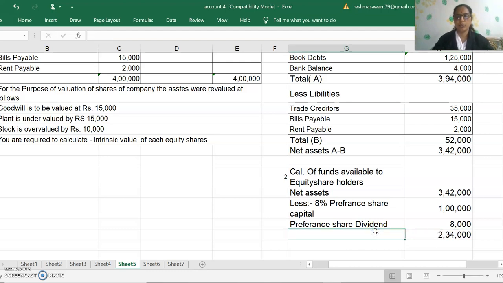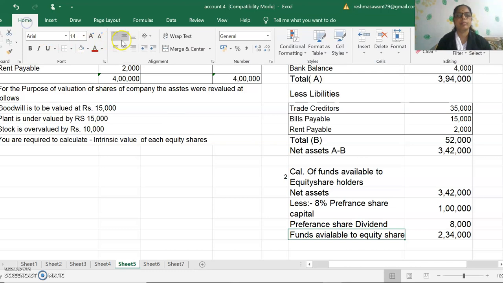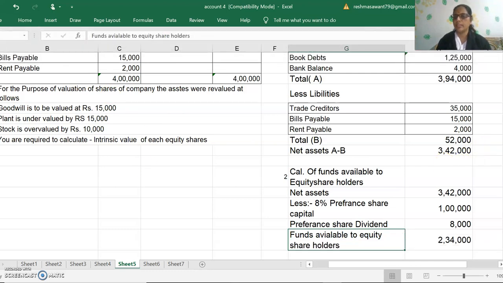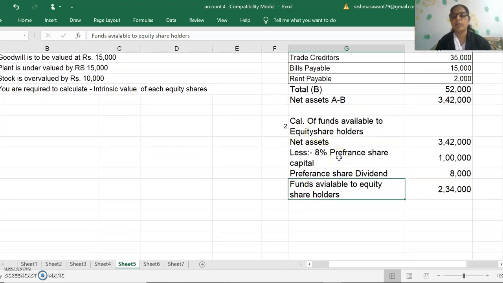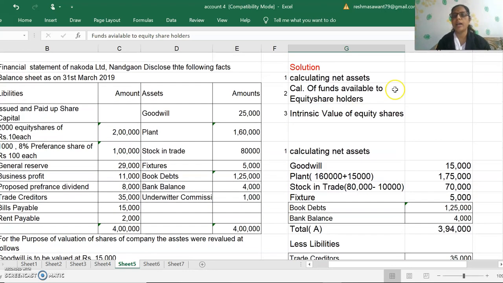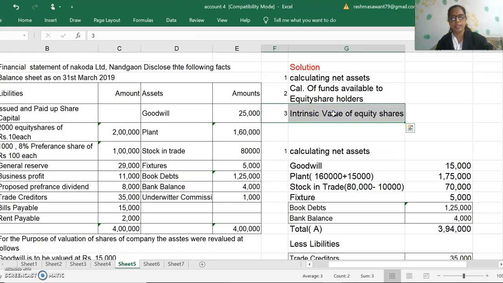That is the funds available to equity shareholders. So the answer is 2,34,000 funds available to equity shareholders. By this way, we calculate step number 2 for the next process, the calculation of intrinsic value. And now we calculate the last point, that is intrinsic value.